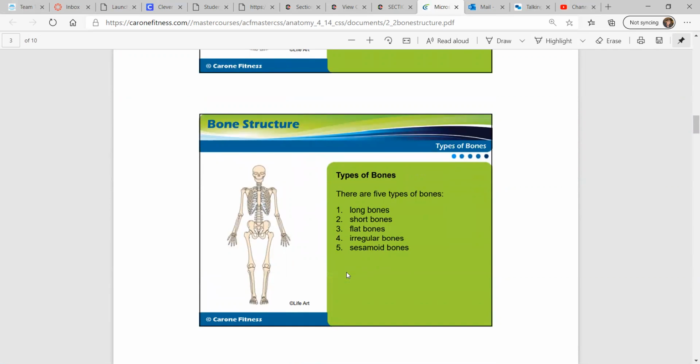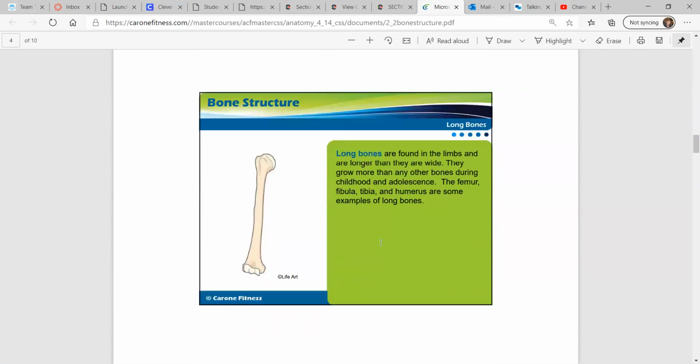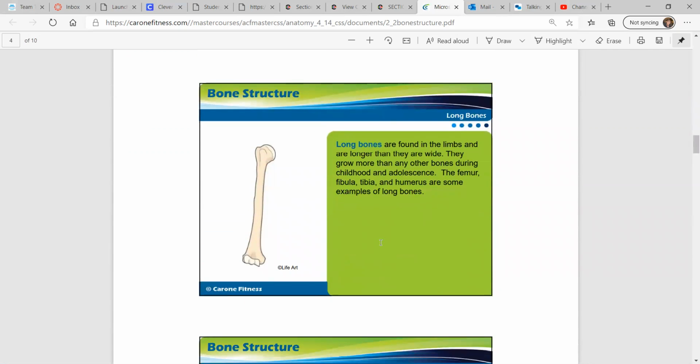Now, there are 5 types of bones: long bones, short bones, flat bones, irregular bones, and sesamoid bones. And we'll look at each of those right now. Long bones, like their name implies, are found in the limbs and are longer than they are wide.